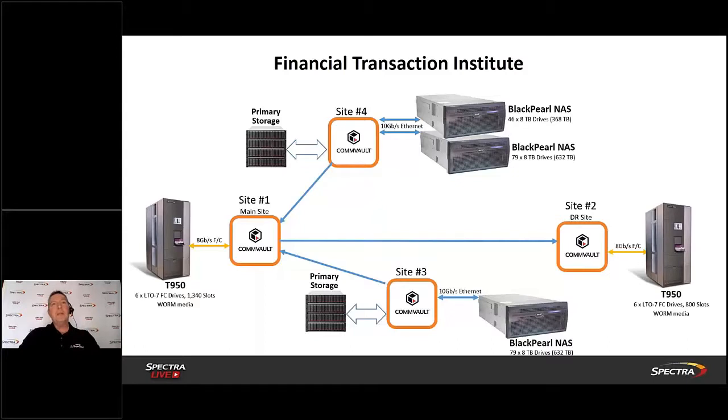While it's not as cost effective as tape, tape is still the most cost effective storage medium on the planet, our disk, BlackPearl NAS, is getting fairly close, at about 5 to 7 cents a gig. All of it is managed and brought together with the help of our great alliance partner, Commvault. That's how the solution was implemented.